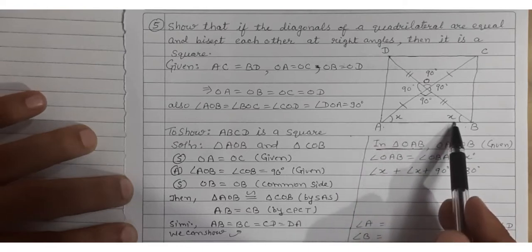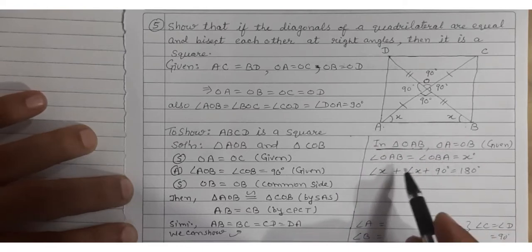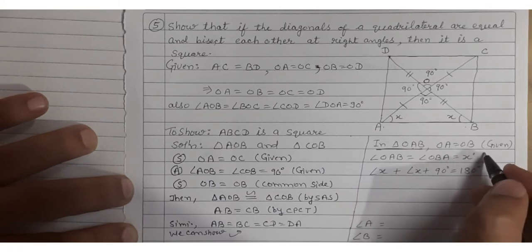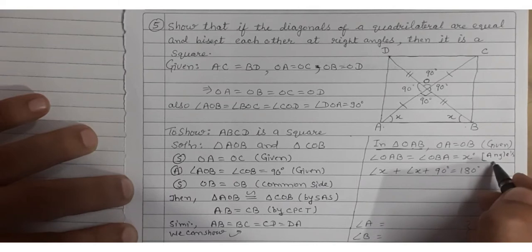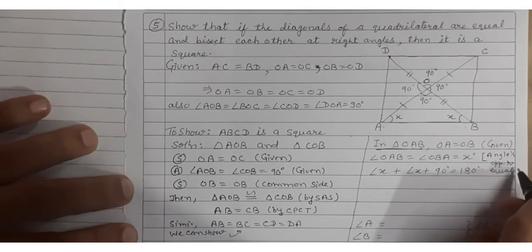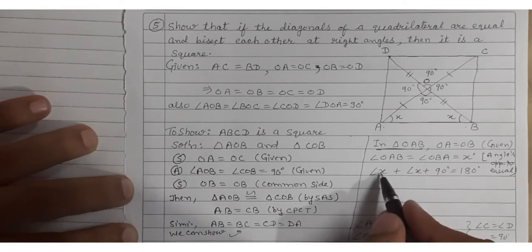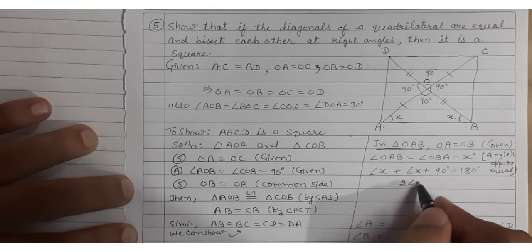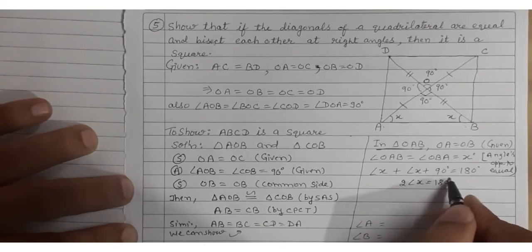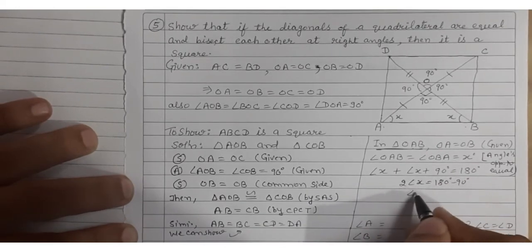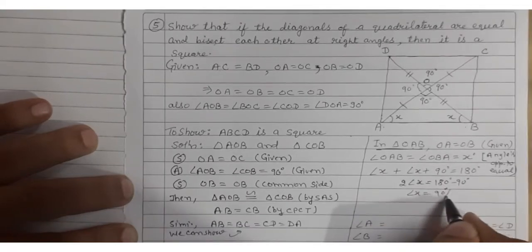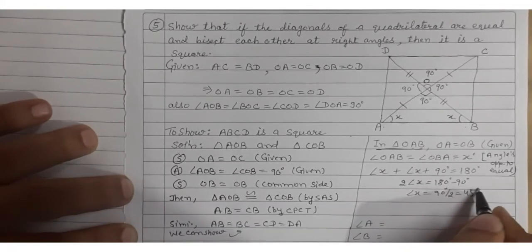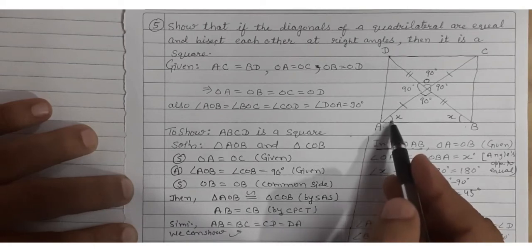That is why this is angle X and this is angle X, because angles opposite to equal sides are equal. So twice of angle X is equal to 180 degree minus 90. Then angle X will be 90 degree upon 2. This is 45.